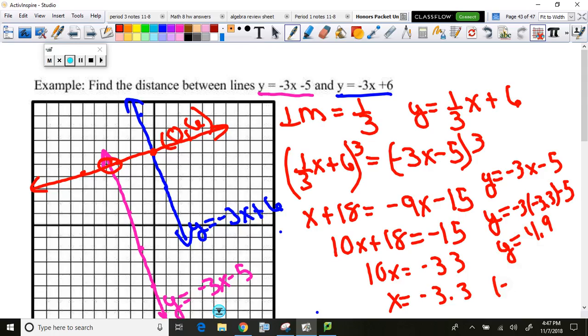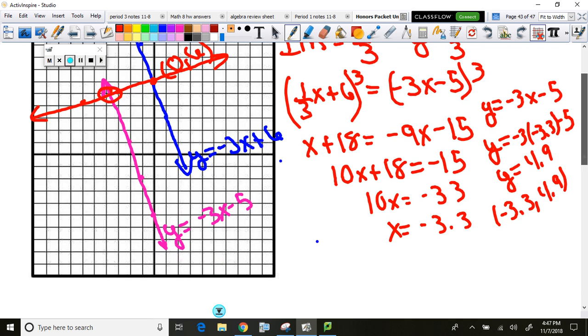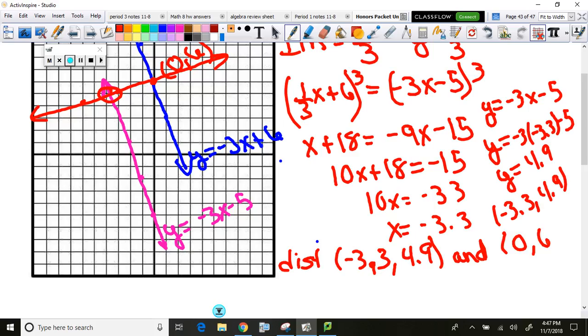That means the point of intersection is negative 3.3, comma 4.9. If we look at our graph, that makes sense. So now what we need to do is find the distance between that point of intersection, negative 3.3, comma 4.9, and our y-intercept that we chose, 0, 6.